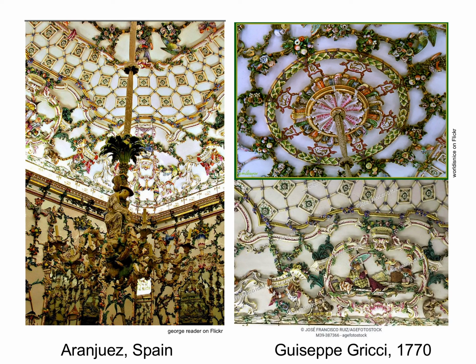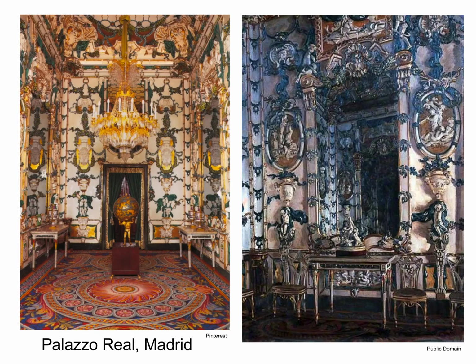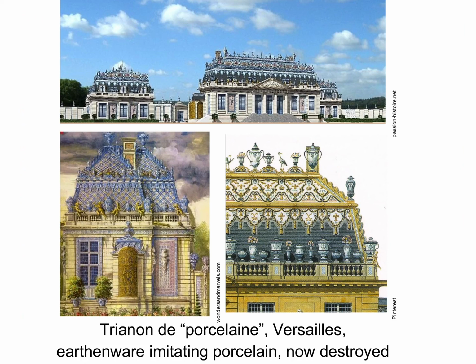And in Aranjuez, even the ceiling is covered in porcelain tiles. And they are in the chinoiserie style, where there are many references to exotic Asia and China in the design of the room. And then he also participated in the decoration of the Palazzo Real in Madrid and did a lot of porcelain inclusions in that palace as well.